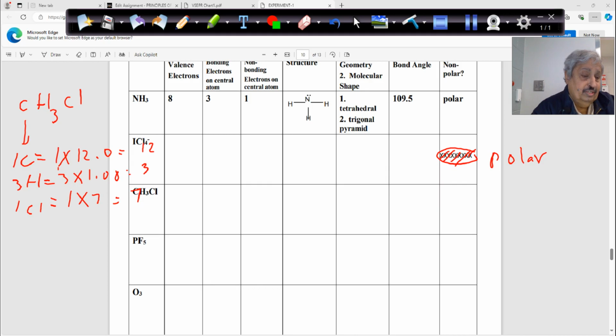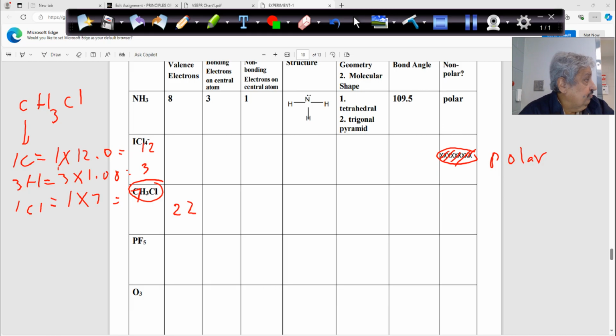So how much is this? Total valence electron is 22. Correct? 22. So now we have to draw that structure because we will know from there the non-bonding and bonding ones. So from there you can tell hydrogen is always terminal.